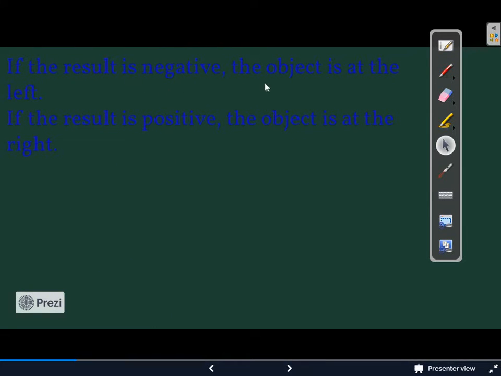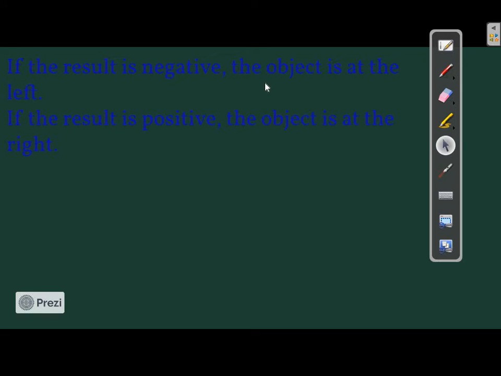If the result is negative, the object is at the left. If the result is positive, the object is at the right. Keep this in mind because it's very important. With time, we will see that if the result is negative, it could mean that the object is at the west, and if it's positive, the object is at the east. But we will see that with exercises.